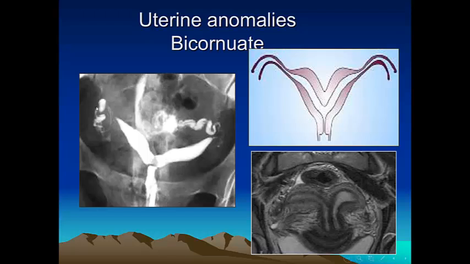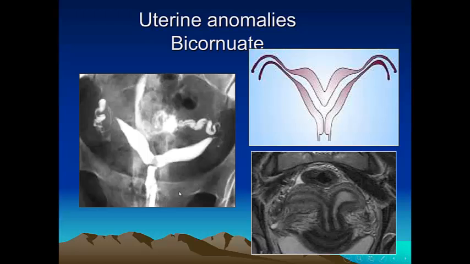From hysterosalpingiography, don't accept it if someone says this is a bicornuate uterus. No, except if we can inject from two separate openings on the cervix, then we are sure that it is a didelphys uterus. But apart from that, is it bicornuate or complete septate? We cannot say from the hysterosalpingiography.